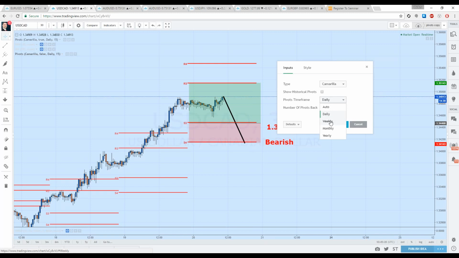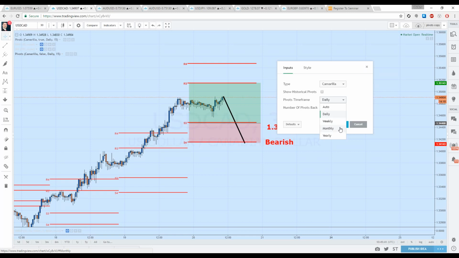As the other settings suggest, a weekly would give you one pivot every week. Monthly would be one pivot every month.